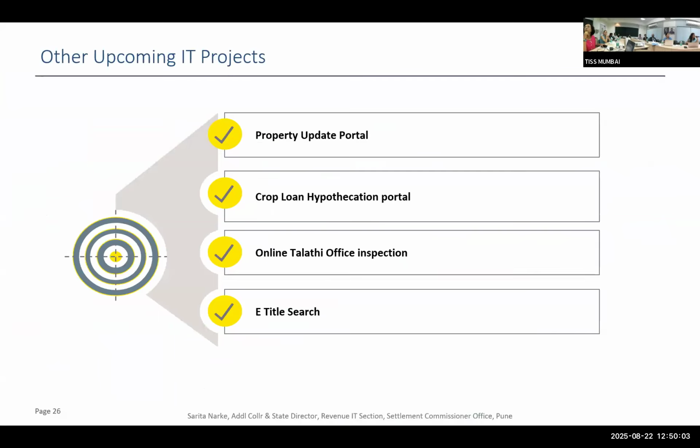Then these are the upcoming projects, because I am running short. This is a property update portal which we are doing where you can register by paying rupees 50 per survey number or per owner's plot. If you see 712, in the 712 there are khata numbers. For each khata, you can register by paying rupees 50.